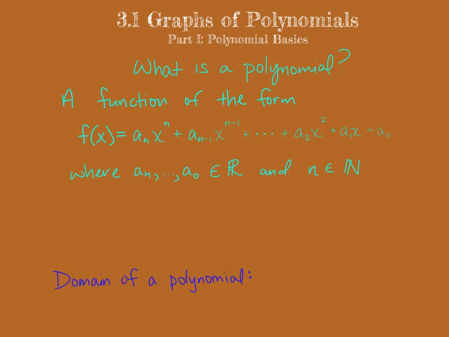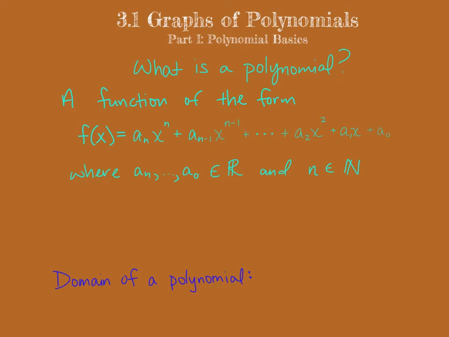And that just means that they have to be positive integers, so they can't be decimals, fractions, negative, or 0. So n could be a number like 5 or 3 or 1 or 17, but it couldn't be 1/3 or -2 or 0. All right, so that is the definition of a polynomial.